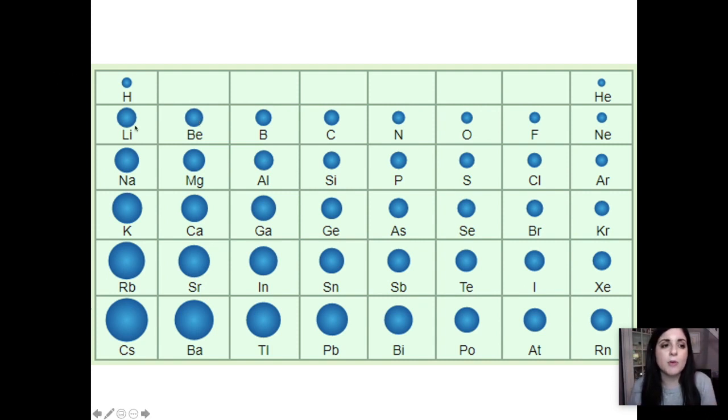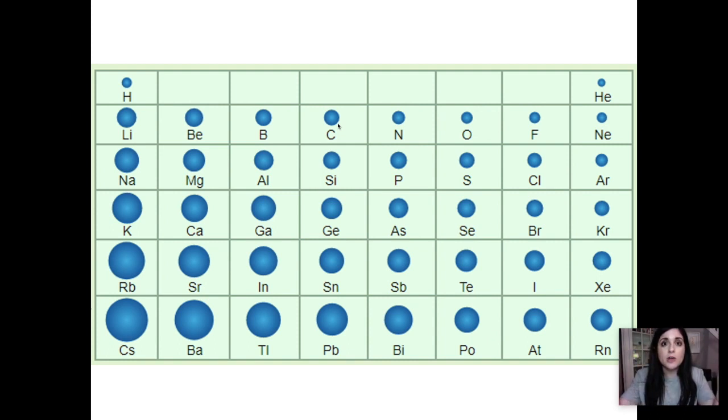For example, when I'm going from lithium all the way to neon, I'm adding one more proton to the nucleus, and it shrinks. When I go to boron, I add one more proton to the nucleus. It shrinks that electron cloud in closer, and it shrinks and shrinks until I add a third shell, and then it gets much bigger.